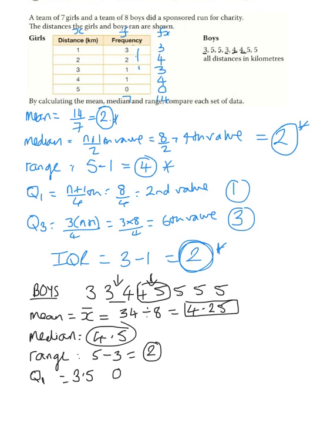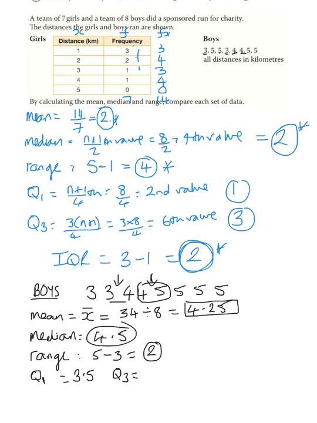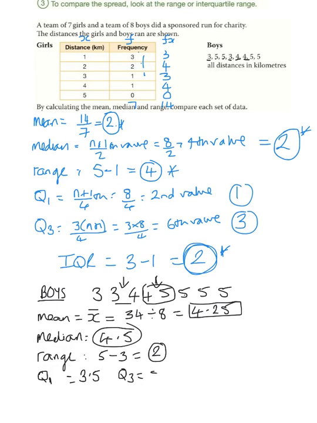My upper quartile, Q3, is going to be between 5 and 5. So my interquartile range is going to be 5 minus 3.5, which equals 1.5.